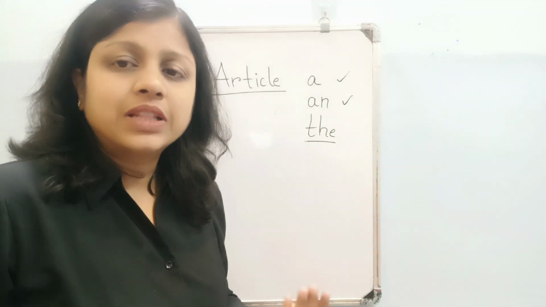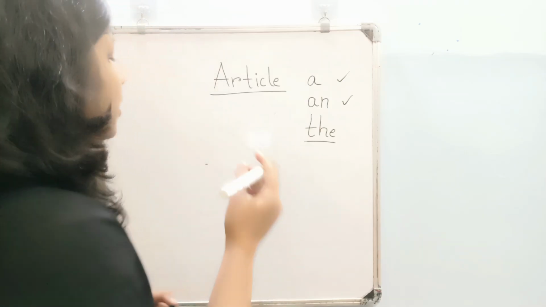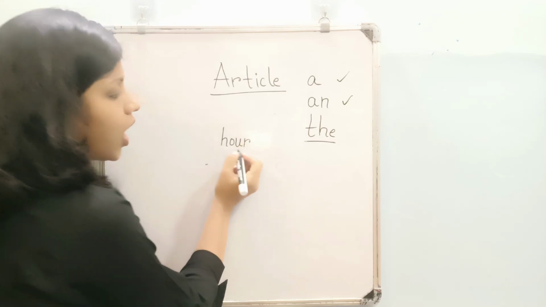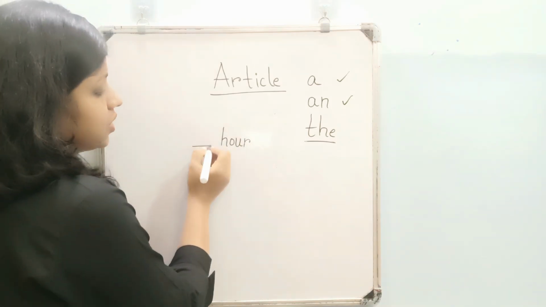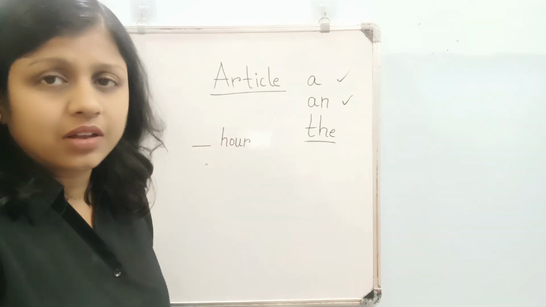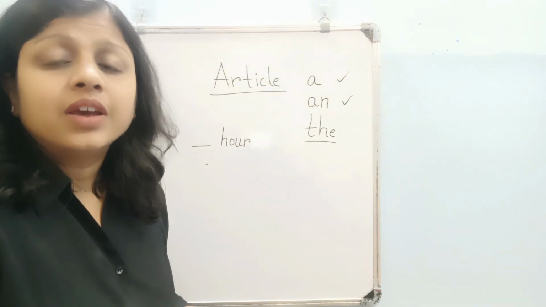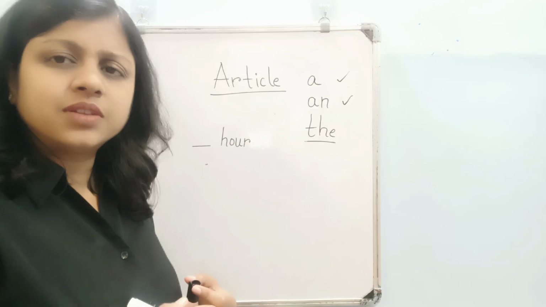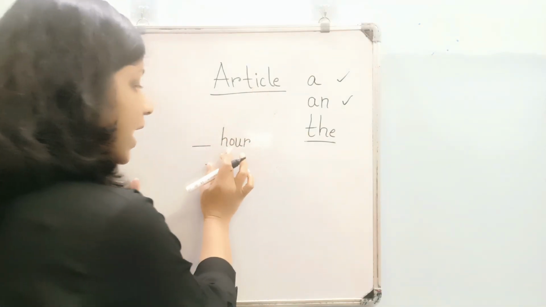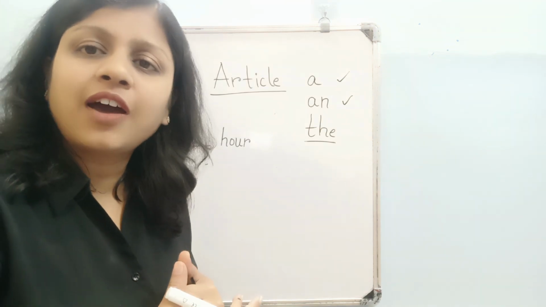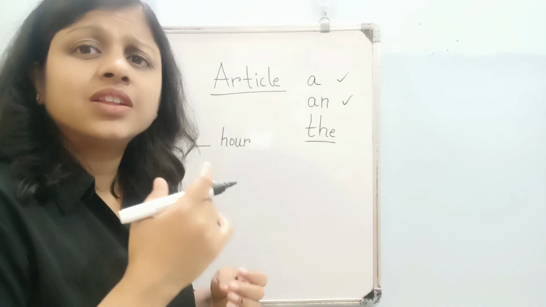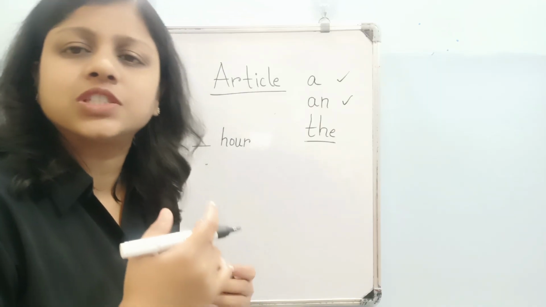Now, let's learn a little more. Let's look at this word: hour. Now, here you all will say article a will come. But no. Now we have to be a little more advanced. Instead of looking only at the alphabets, we have to look at the sound also. Is the sound coming with a vowel sound or a consonant sound?